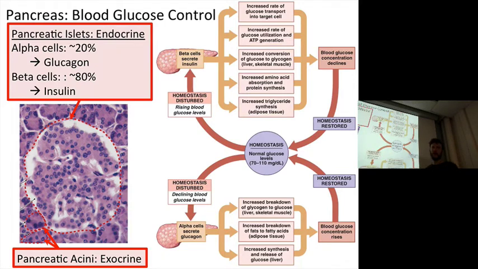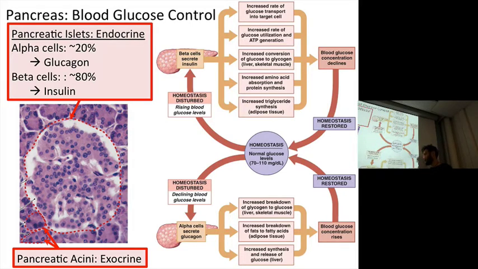Glucagon in general stimulates catabolic processes, catabolism, breakdown processes. So we're going to have glycogenolysis, the breaking down of glycogen. And that's going to happen in the liver and the skeletal muscles, because that's the only place that we're storing glycogen, liver and skeletal muscles.